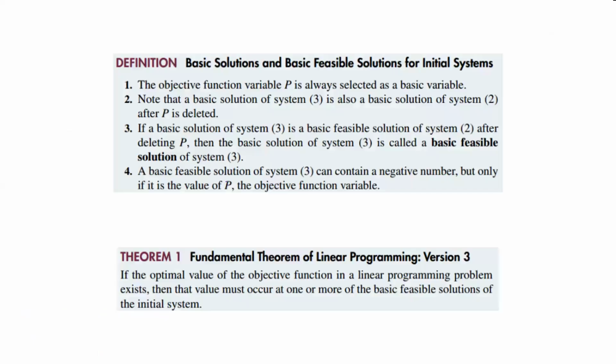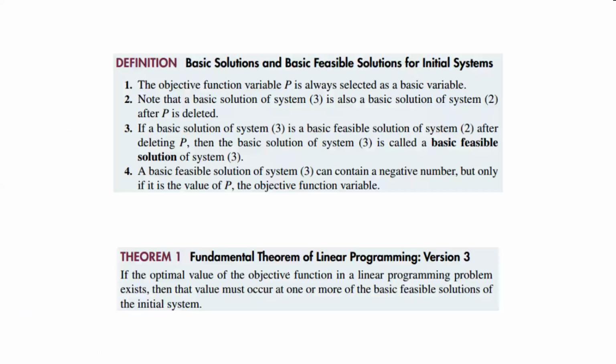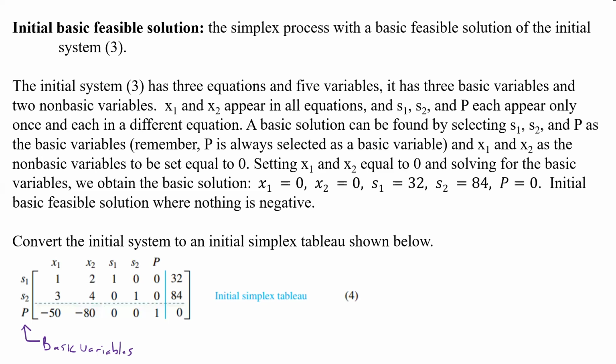Because remember, we have s1 here, s2 here, p here. All right, so a basic solution can be found by selecting s1, s2, and p as the basic variables. Now remember, p is always selected as a basic variable, so that's just something we have to do to start with. P is always the bottom row in this case, and x1 and x2 are the non-basic variables to be set equal to zero.